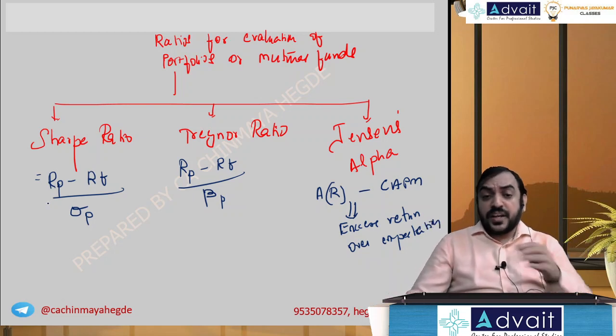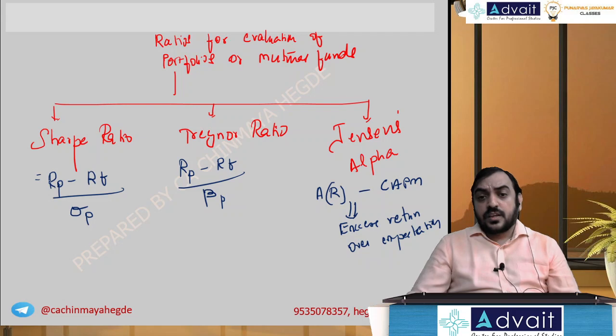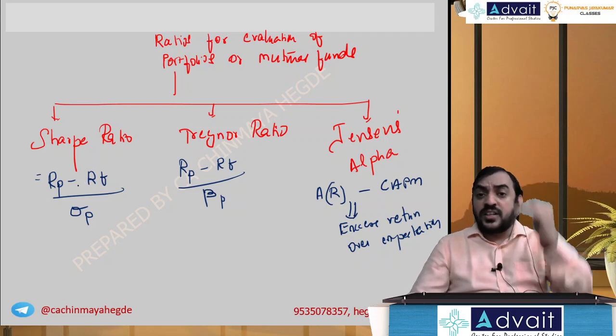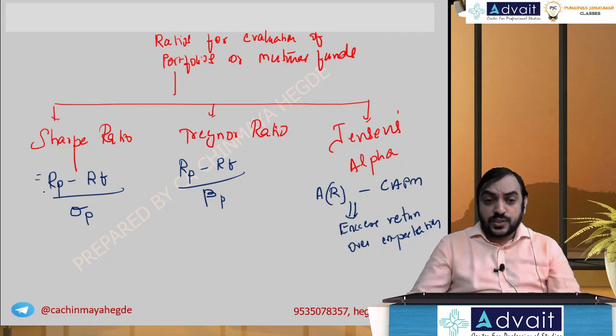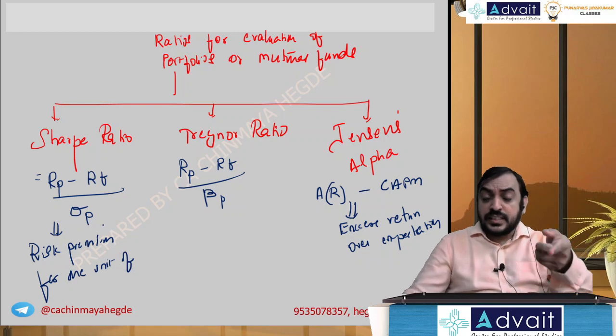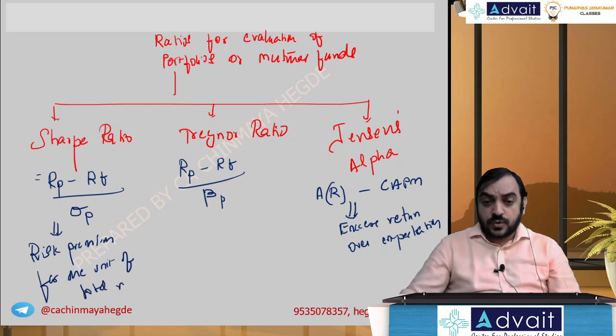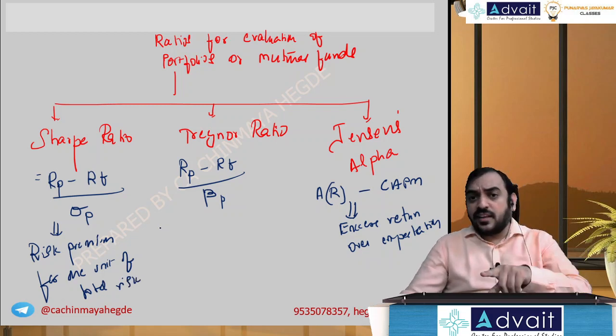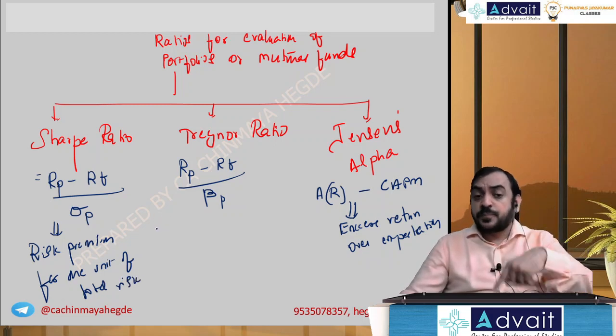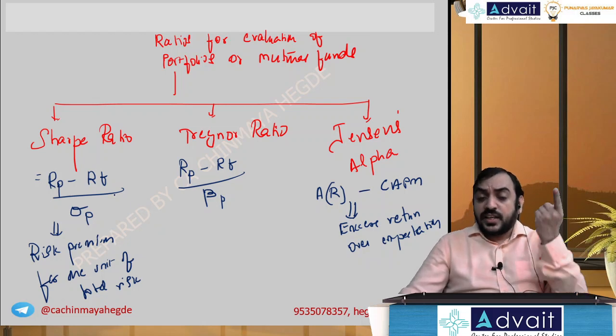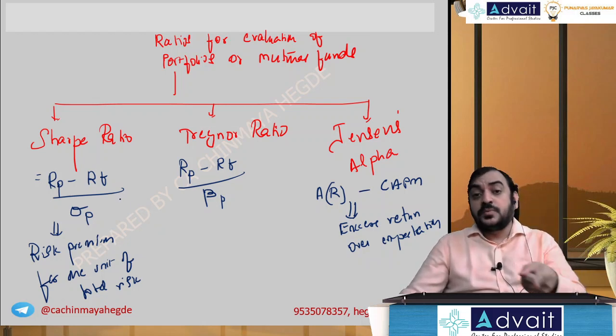Whereas Sharpe ratio and Treynor ratio, what do they represent? RP minus RF, what do you call it? Over and above the risk-free rate, that's called risk premium. So the Sharpe ratio represents risk premium, or return for 1 unit of standard deviation, which means total risk. What does the Treynor ratio do? They also do the same thing, but the denominator is not standard deviation, it is beta.